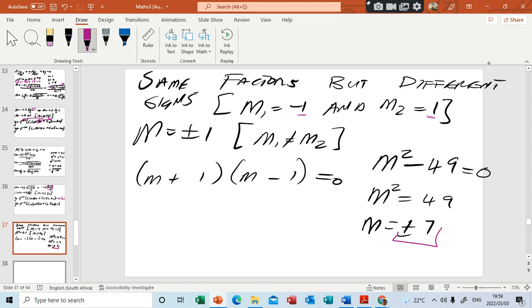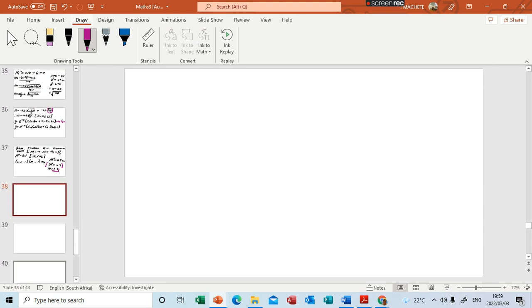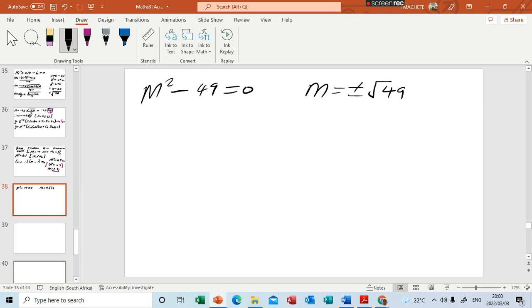I'll take this one. So you've got m squared minus 49 equals 0. When I found the factors of this, I got plus or minus the square root of 49, which gave me plus or minus 7. Because the factors have different signs, you use this formula.